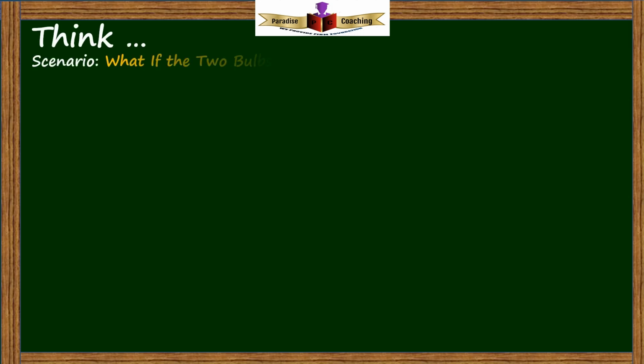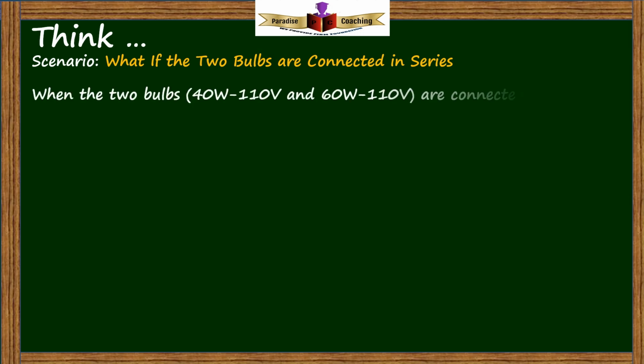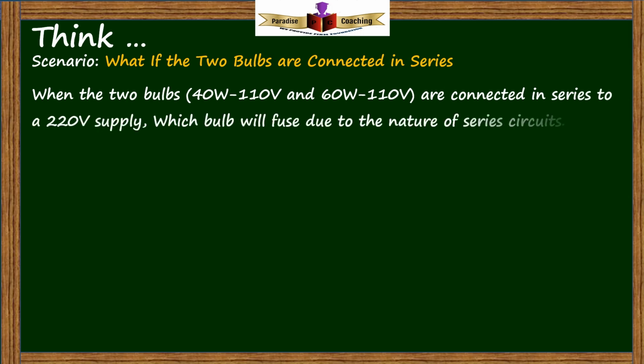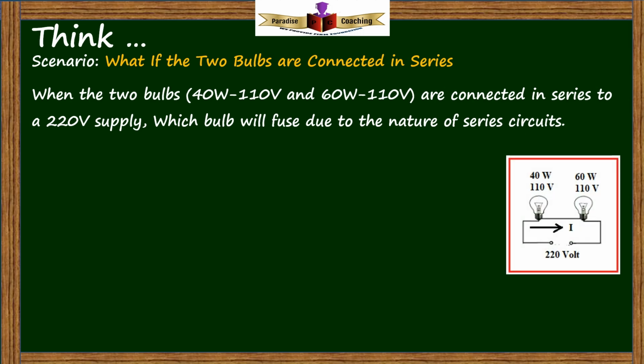Now, let us think what would have happened if these two bulbs are connected in series across the same 220-volt supply. Here is a circuit for your reference to visualize the series connection.